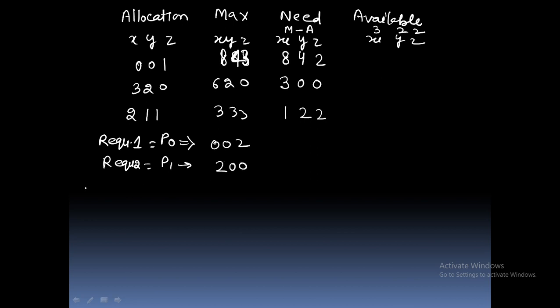Now first of all, the first request is given by P0. This is P0, P1, P2.